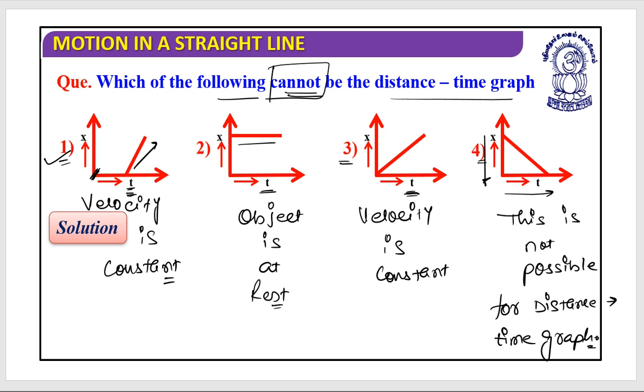But in this situation, they have asked about the distance versus time, and we just stick to it. So the fourth option would be the answer. These three are correct, and this cannot be possible. So the fourth would be the answer. Are you sure with this? Yes, as this is not possible, this would be the answer.